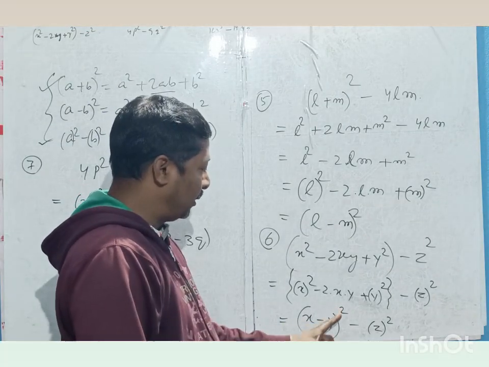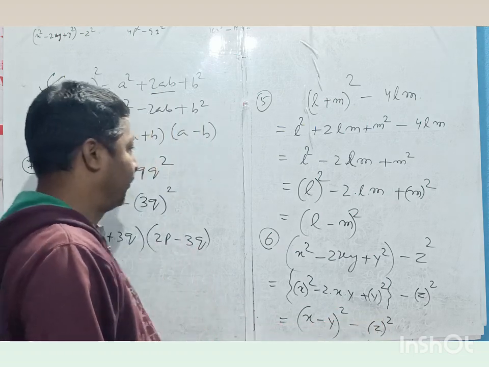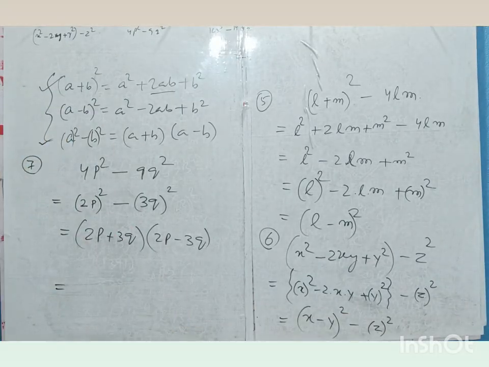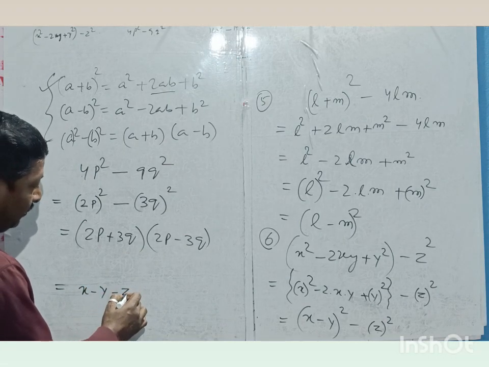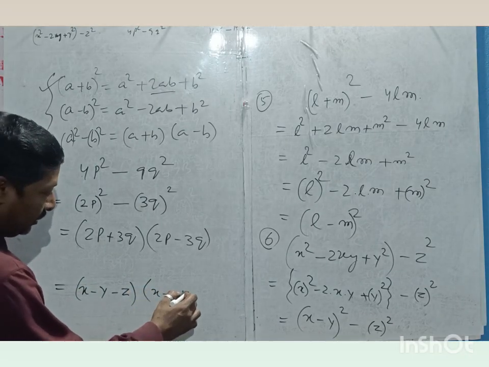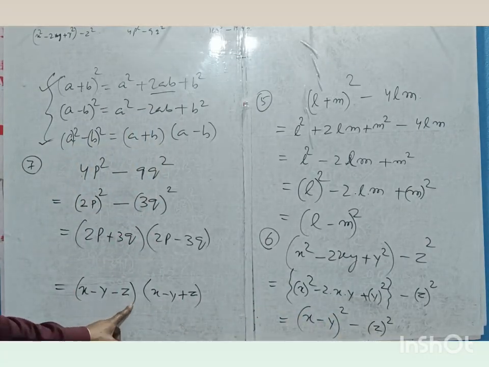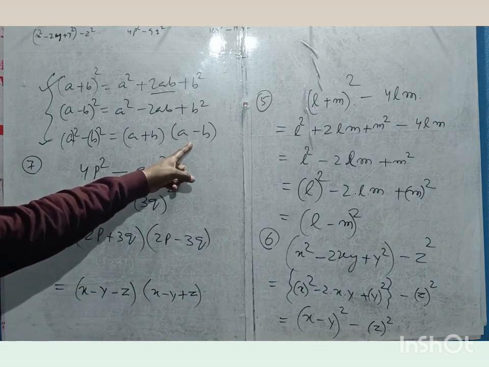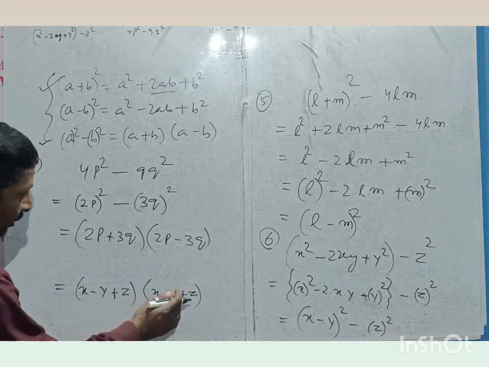Here, if (x − y)² is taken as one unit, it is a² − b². So I can write a² − b², where a is x − y and b is z. a² − b² is (a − b)(a + b), or (a + b)(a − b). You can write first this one and this one, or this one and this one. If you make plus here, it will be minus here.